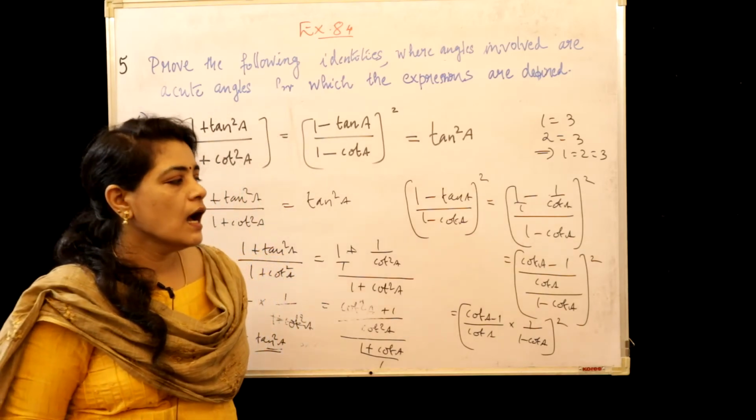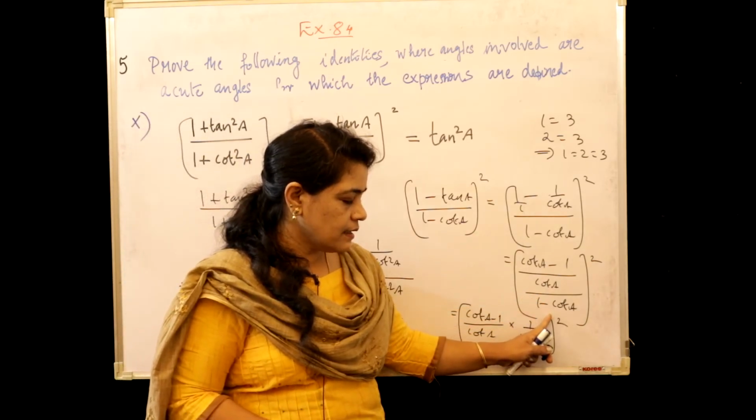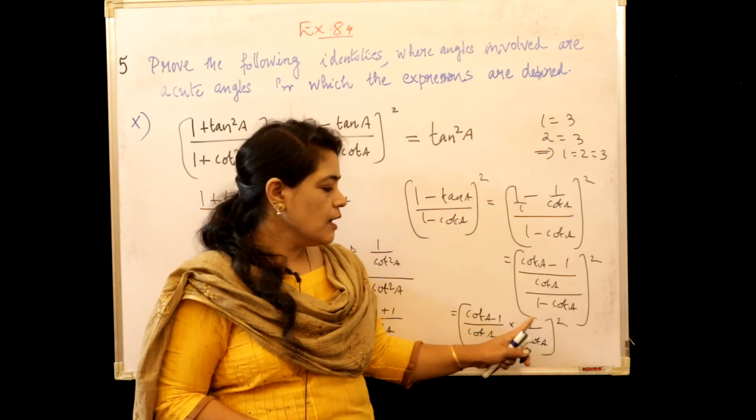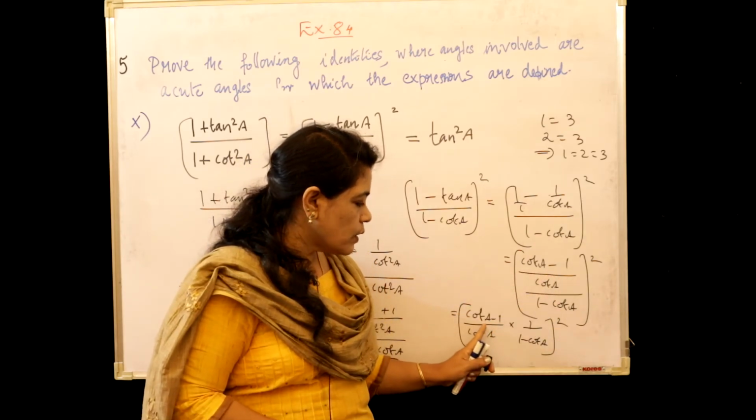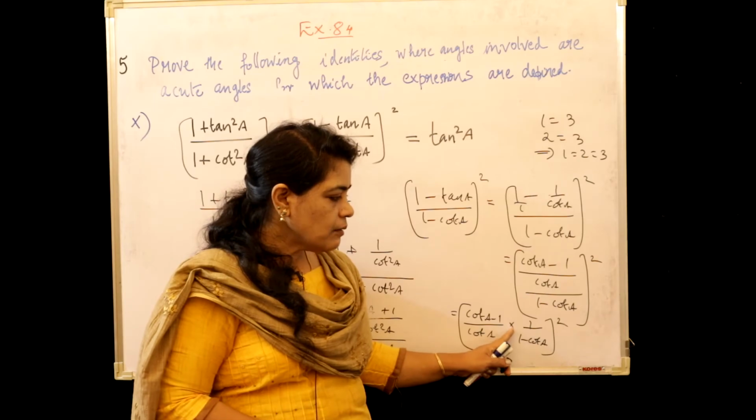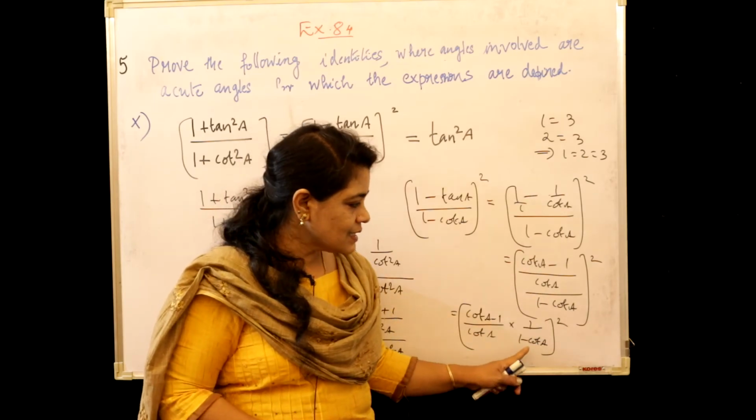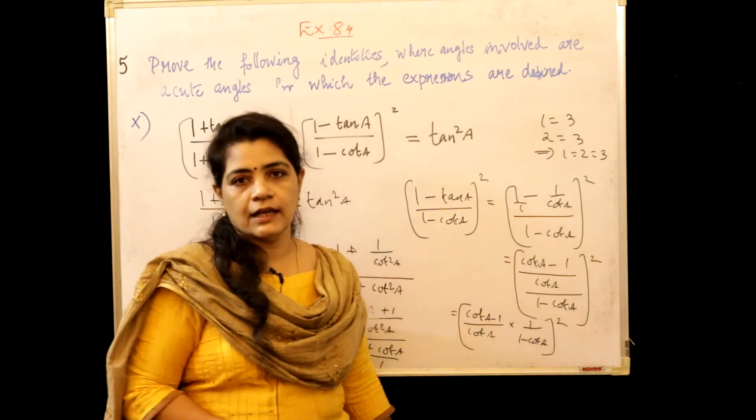Step is clear children? I just have taken the reciprocal of the second fraction by keeping this cot a minus 1 by cot a and multiplying with its reciprocal, that is 1 by 1 minus cot a.